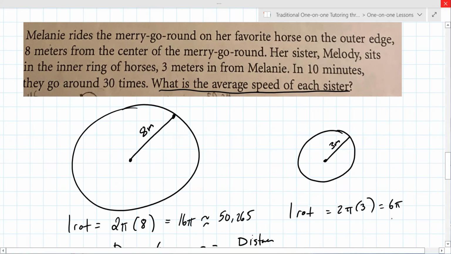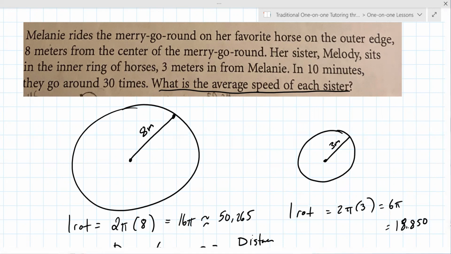And then how about for 6 pi? 6 times 3.14 is 18.85. Right, 18.85.